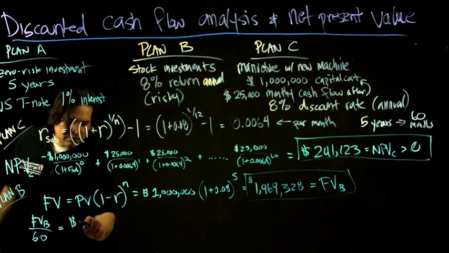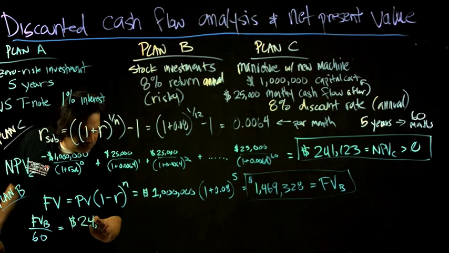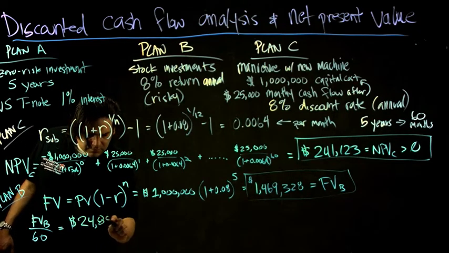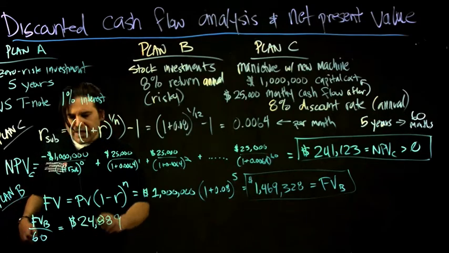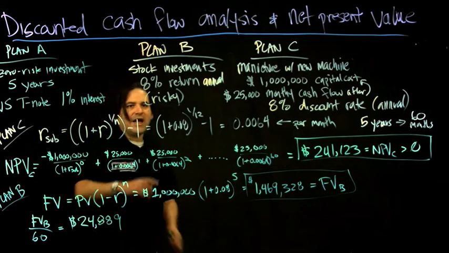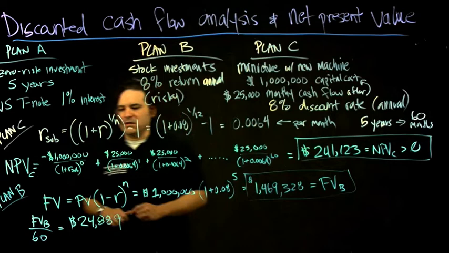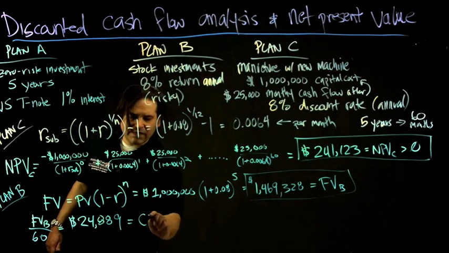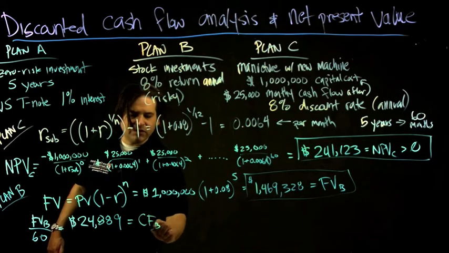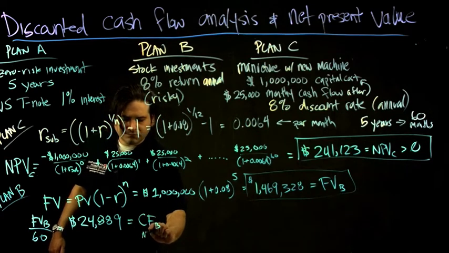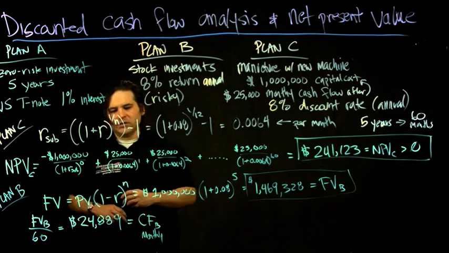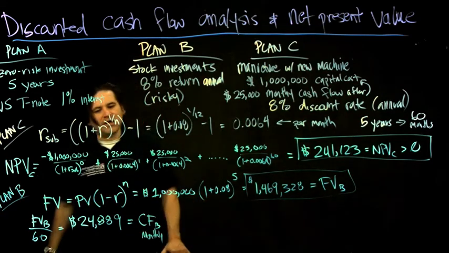It's not a coincidence that we chose 25,000 here, because that's similar to the cash flow of this yearly investment. So let's say we're going to assume this as the cash flow for option B monthly. So that basically gives us our answer right there.